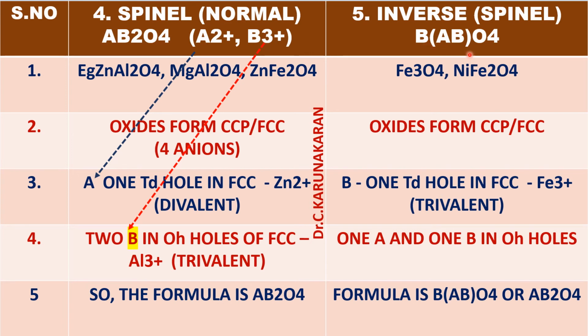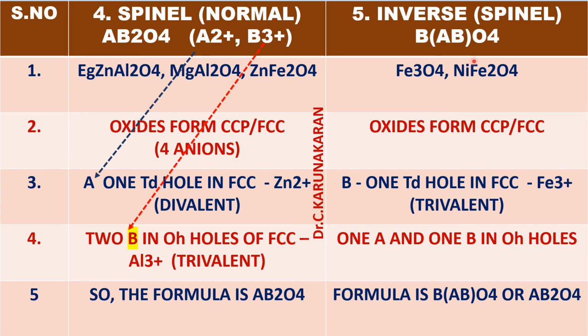A is divalent. In this case, one of the B occupies the tetrahedral hole, not A. See, that is why it is called inverse. One of the B, trivalent, occupies the tetrahedral hole in FCC structure.